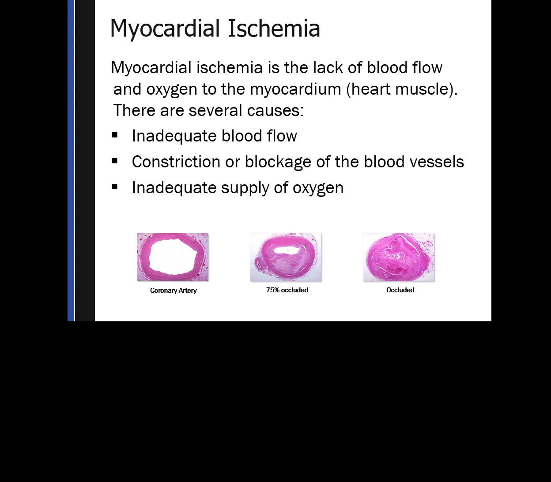Now, there's other things that can come in that can cause this blockage. A blood clot is known as a thrombus. Thrombus. You might want to write that down. A fat particle is known as an embolus.